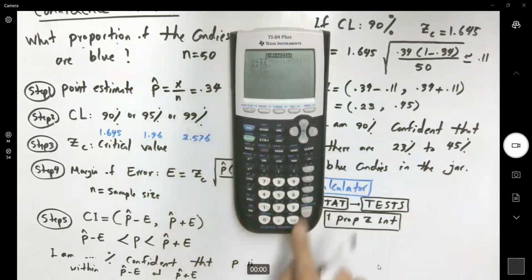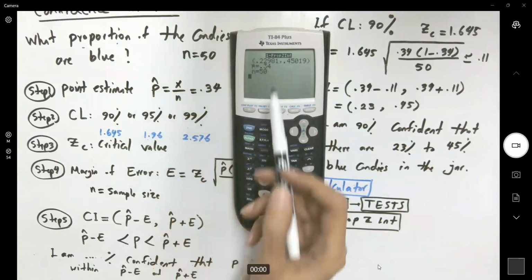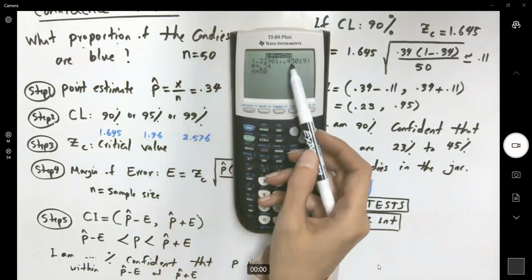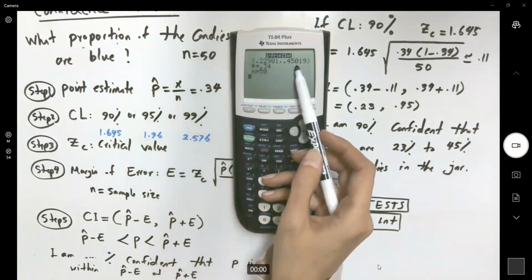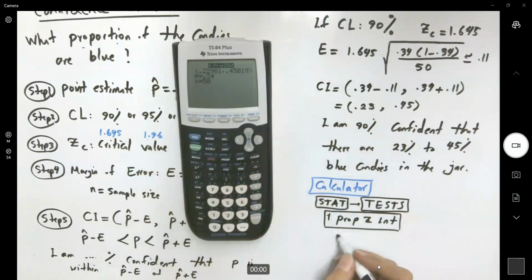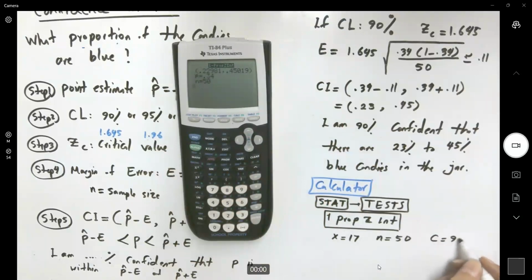So let us do the calculation. It gives us 0.2298 and 0.452. X is 17, N is 50. The confidence level is 90%, and the confidence interval is now 0.2298, and 0.4502.